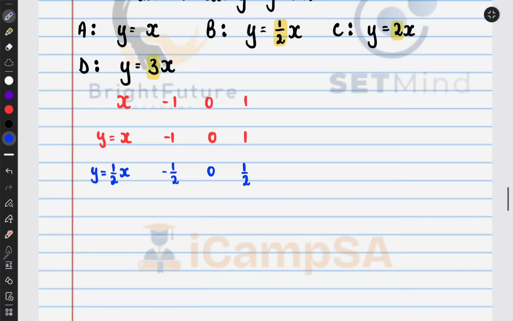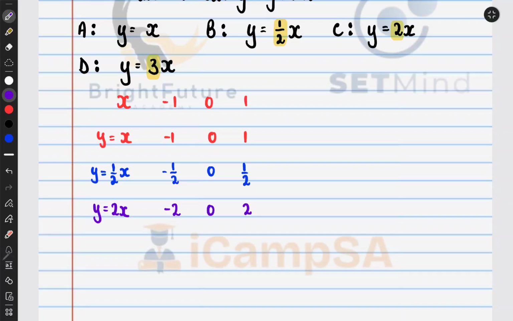Next we have y is equal to 2x. Let's find the corresponding values of y for this function. 2 times -1 is -2, then 0, and 2.